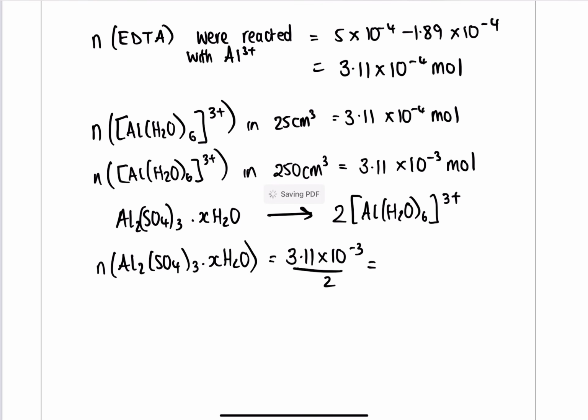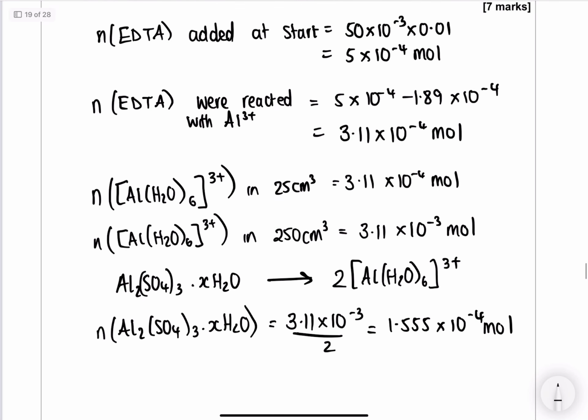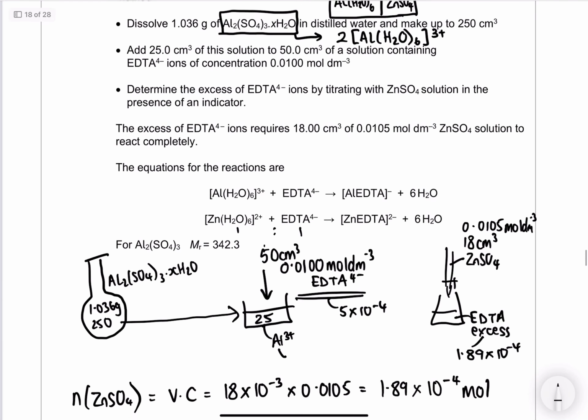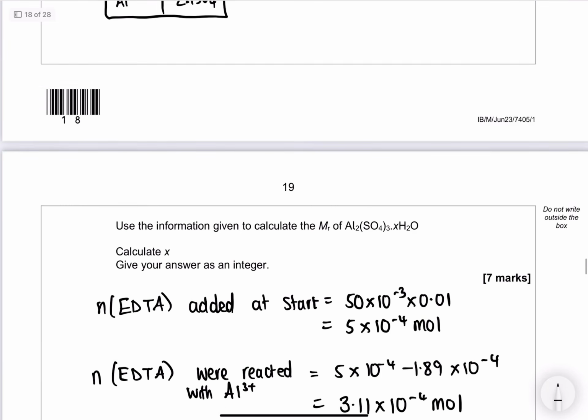That gives 1.555 times 10 to the minus 4 moles. So this is the number of moles in that volumetric flask, if we scroll back up, that had 1.036 grams in it.